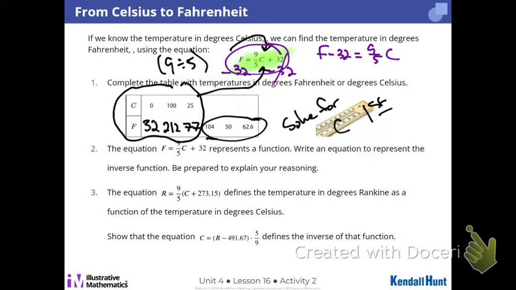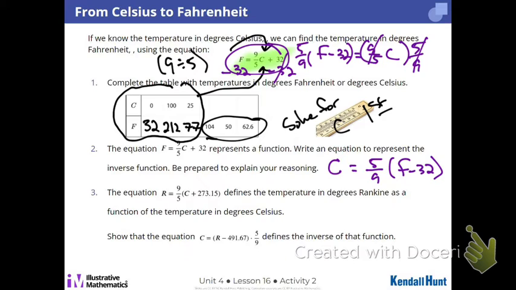How do I get rid of times 9/5? Well, usually you would divide by 9/5, but with fractions, we multiply by the reciprocal. That is dividing. So I'm going to multiply both sides by 5/9. That gets rid of this. So here's the function I'm using: C equals 5/9 times F minus 32. This is the inverse function.